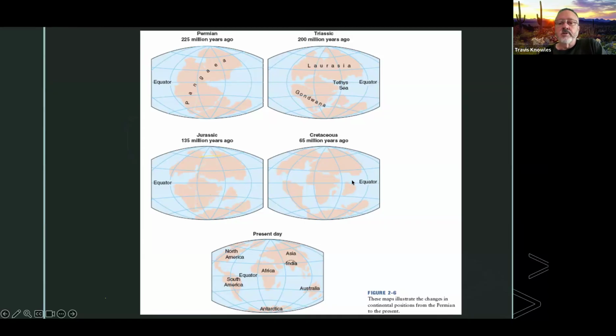This landmass that I'm circling with my cursor right here is what will become the subcontinent of India. It broke off and moved north across this global ocean and crashed slowly, but it did crash into the continent of Asia.